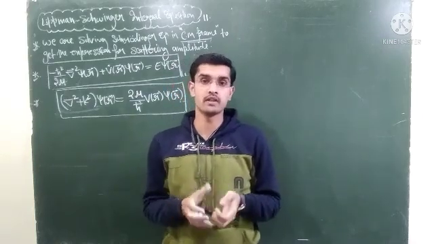So we can write this particular integral as G(r − r') equal to 1 over (2π)³ times the integral of e^{iq·(r − r')} over k² − q², times the volume element, which is q² sin θ dq dθ dφ.